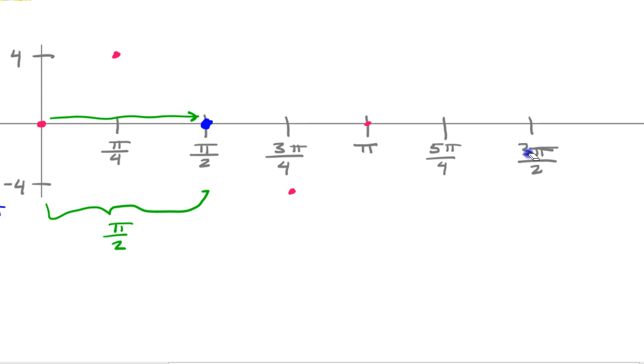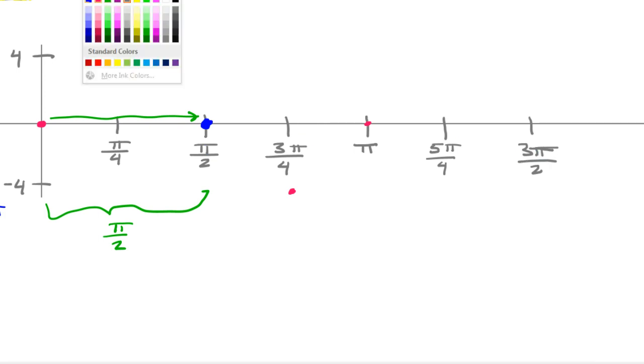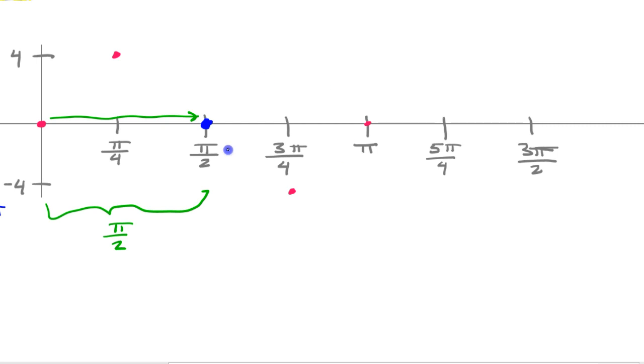So now that I have all of my critical values numbered, I can put my new points down. So this is the sine function. So again, I'm going to go up and then back to the midline and down and back to the midline. So this is what the final answer should look like.